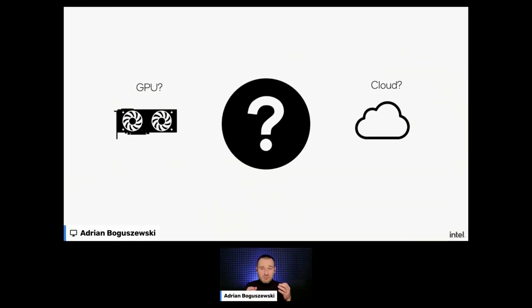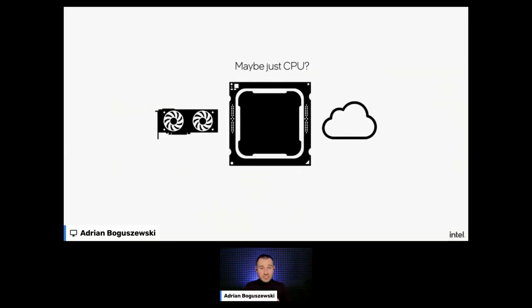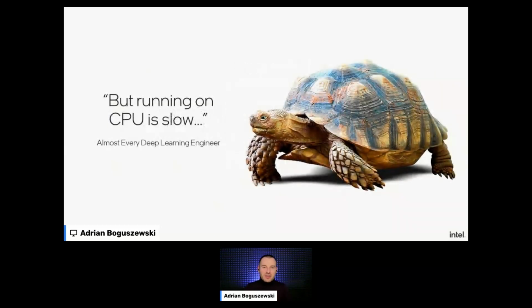What if you must process the data locally? Is there something cheaper and available on the edge? And maybe just CPU you have already. Yeah, but running on CPU is rather slow, right? Almost every deep learning engineer thinks so, but it was. Is this still true?